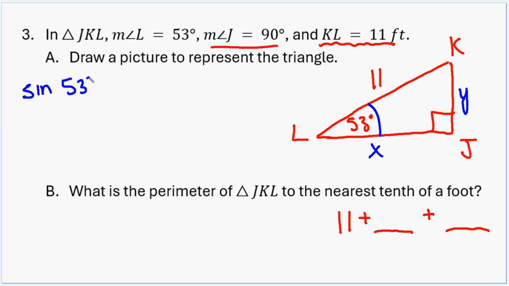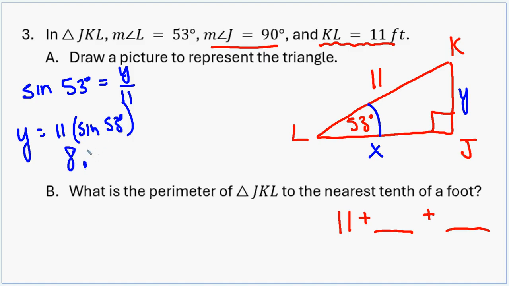The sine of 53 is y over 11. And then y is just 11 times the sine of 53 degrees, and that's about 8.78. So I'm going to put that down here, 8.78.